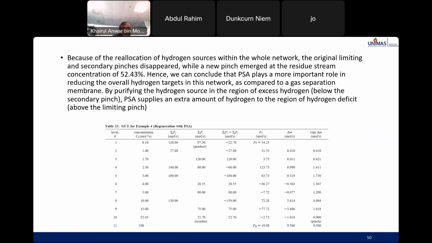Hence, we can conclude that PSA plays a more important role in reducing the overall hydrogen target in this network as compared to a gas separation membrane, by purifying the hydrogen source in the region of excess hydrogen, below the secondary pinch. PSA supplies an extra amount of hydrogen to the region of hydrogen deficit above the primary pinch.